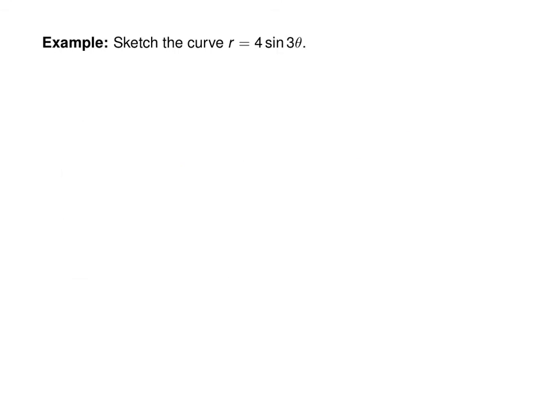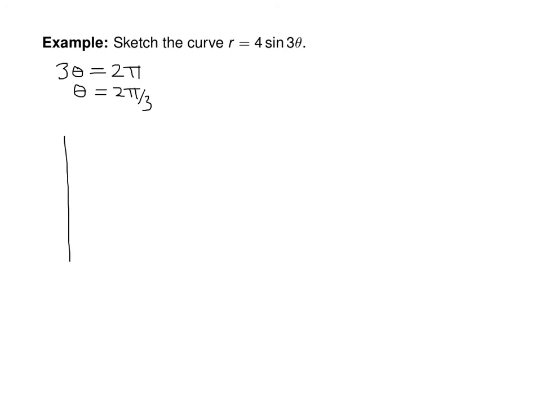Sketch one last rose curve. This one is 4 sine of 3 theta. So first let's figure out what the period of sine of 3 theta is. So if 3 theta equals 2 pi, that happens when theta is 2 pi thirds.